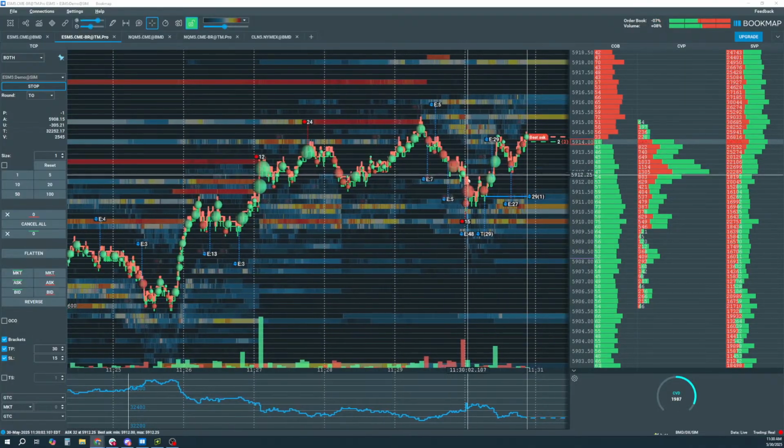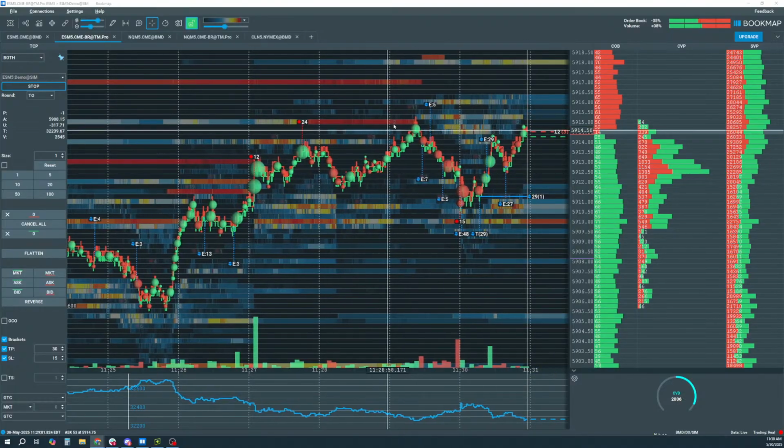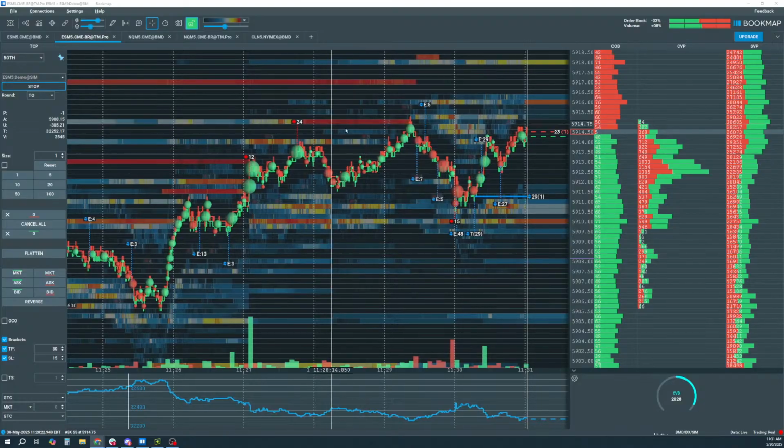And it just turned into back and forth now. Sellers, there's buyers. It's kind of a battle, or it's just trying to figure it out in here.